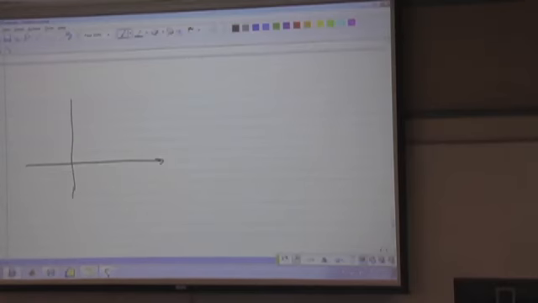So the idea is, this is going to be y equals sine of x, where this point is pi over 2, this point is negative pi over 2.